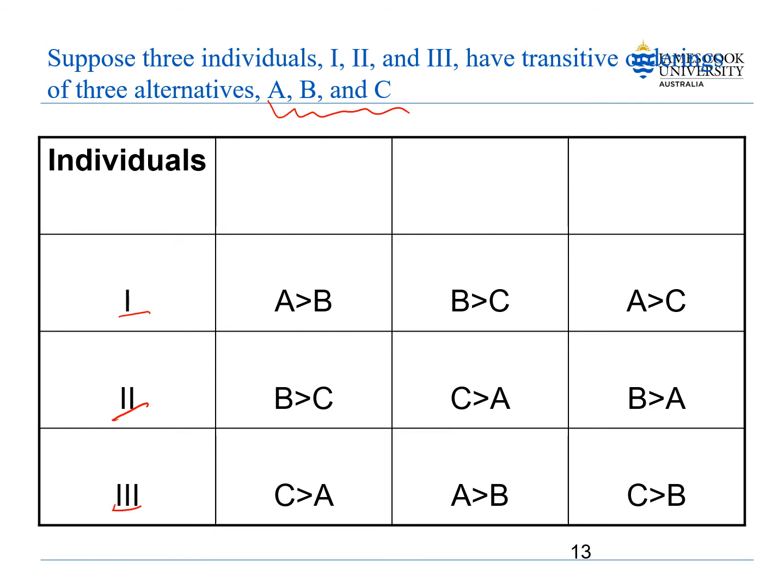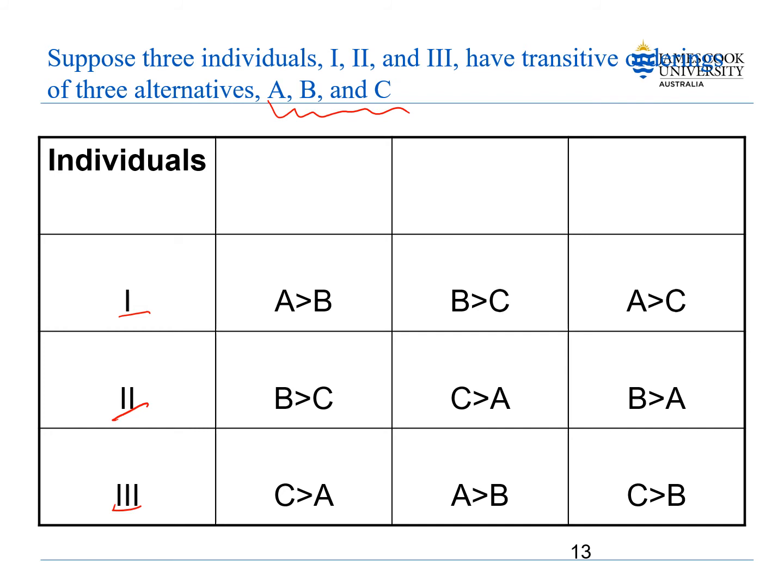Similarly for person 2. Person 2 thinks B is better than C, C is better than A, and consequently B is better than A. For person 3, he thinks C is better than A, A is better than B, and consequently he also thinks C is better than B. So all 3 persons' preferences are complete and transitive, logical.